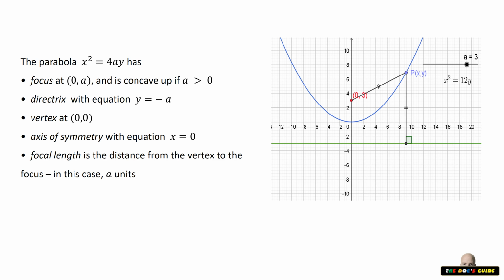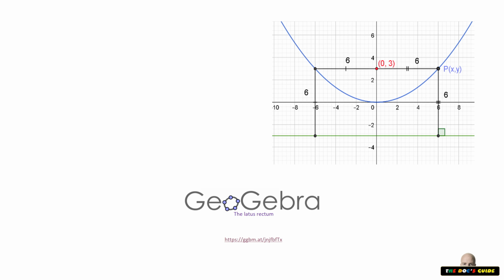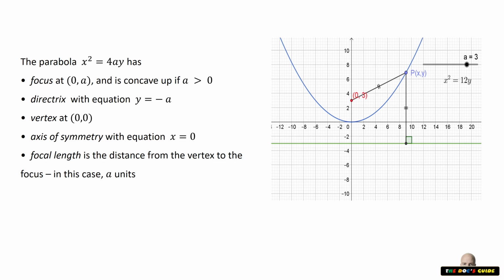So if the parabola is concave up, the focus will be above the vertex. And if it's concave down, it will be below the vertex. And it will be equidistant from vertex to focus and vertex to directrix.